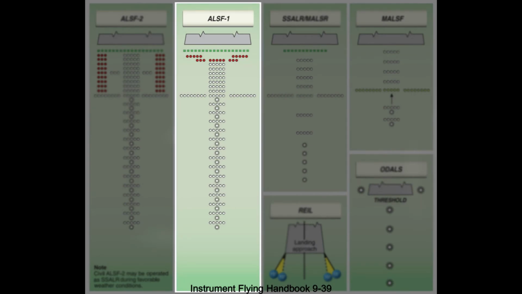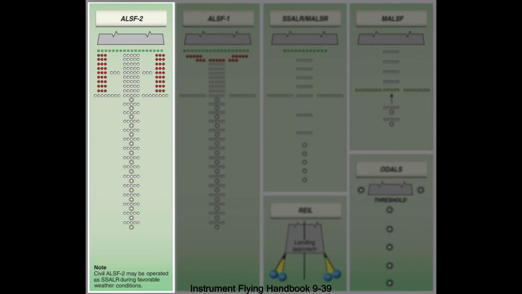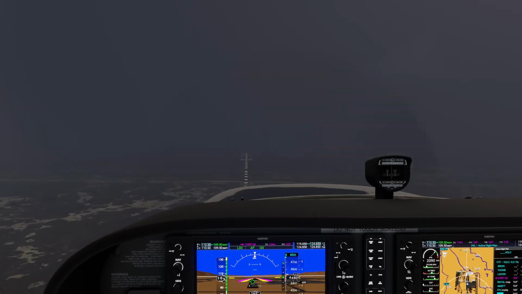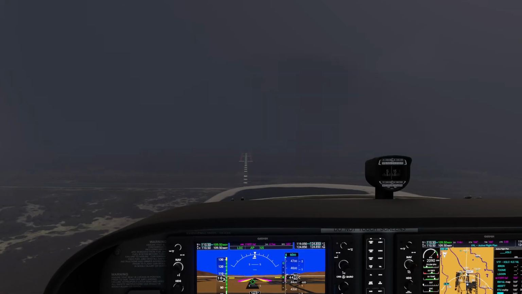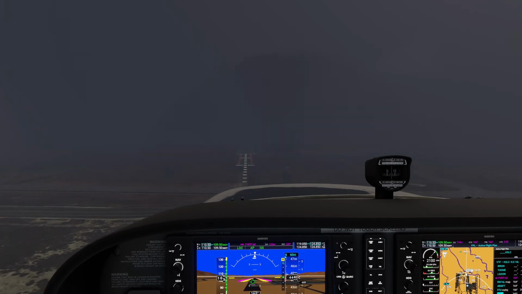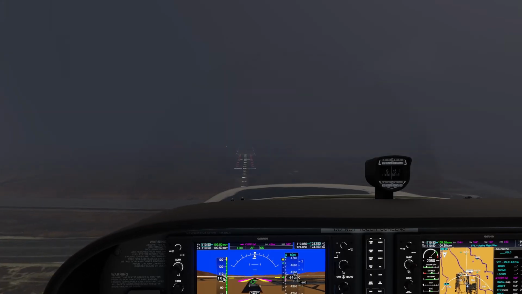However, if the approach light system is the ALSF-1 and we see the red terminating bars, or the ALSF-2 approach light system and we see the red side row bars, the pilot can then continue descent to the runway. If we are only authorized to conduct Category 1 procedures, seeing the red side row bars may still not be adequate to continue to land, but we will discuss this point further in a later scenario.